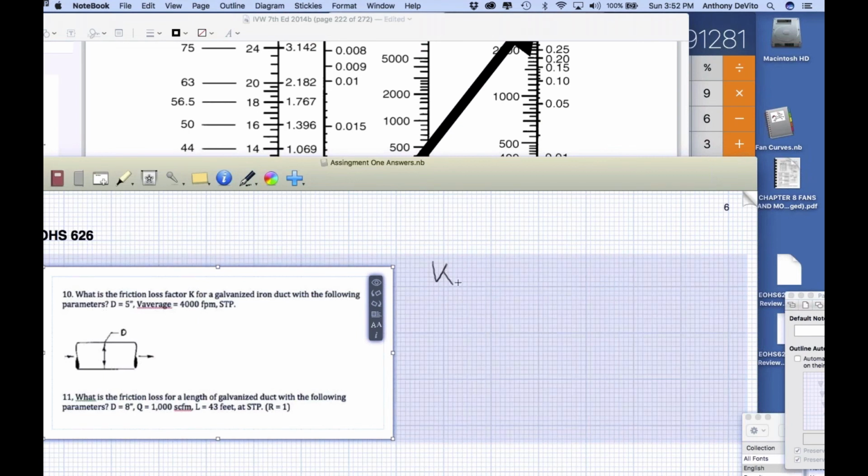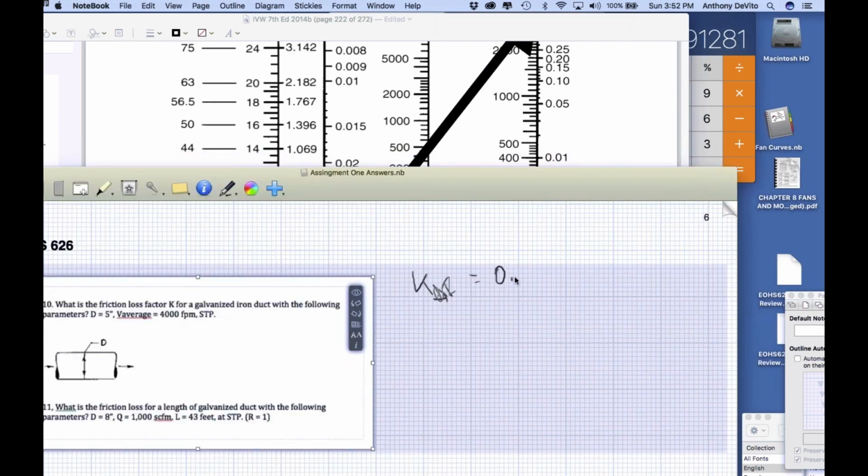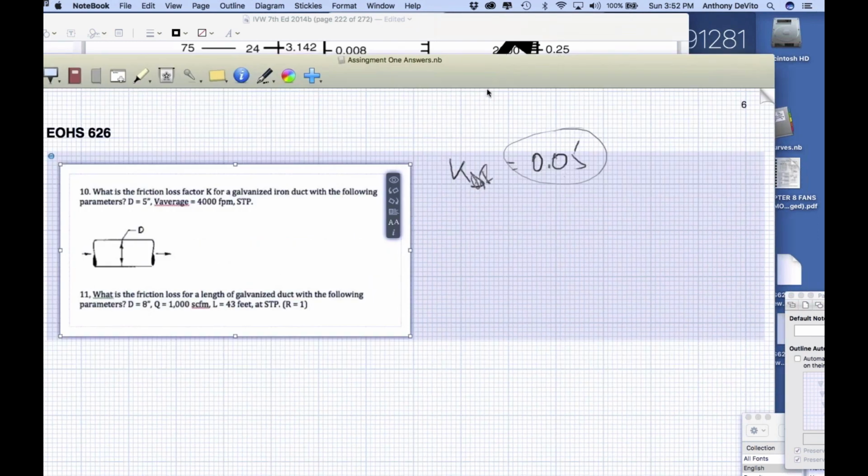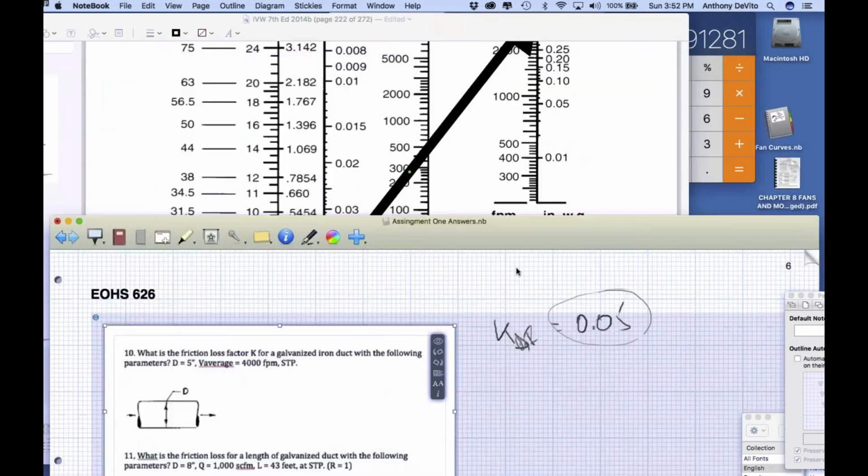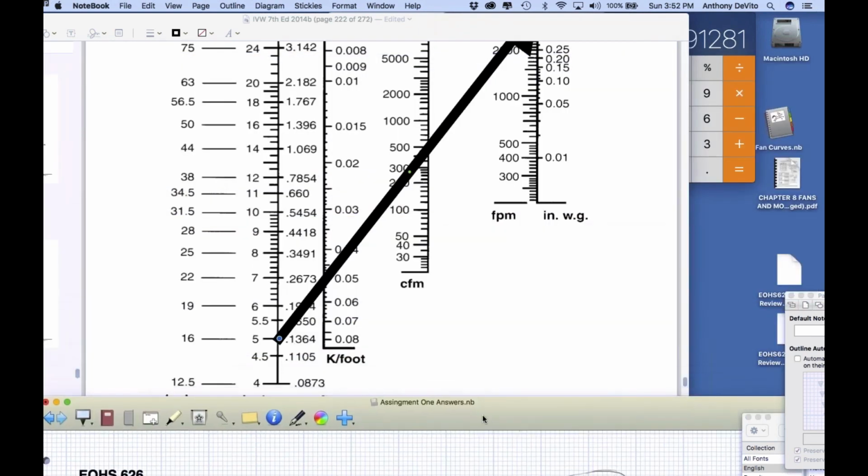But our K factor for galvanized iron, GI ductwork, is going to be equal to 0.05. And what does that mean? That means for every foot of ductwork, we multiply that times the velocity pressure, and that will give us the amount of loss that we have per foot of ductwork.